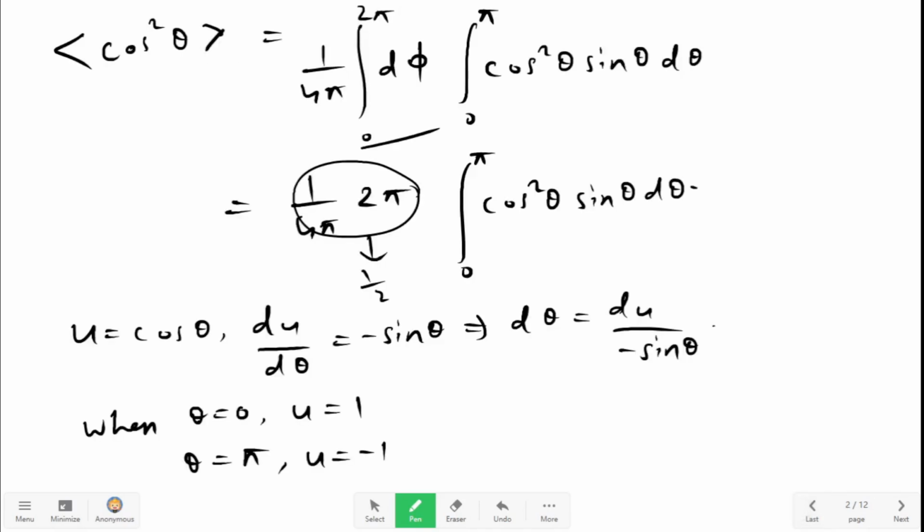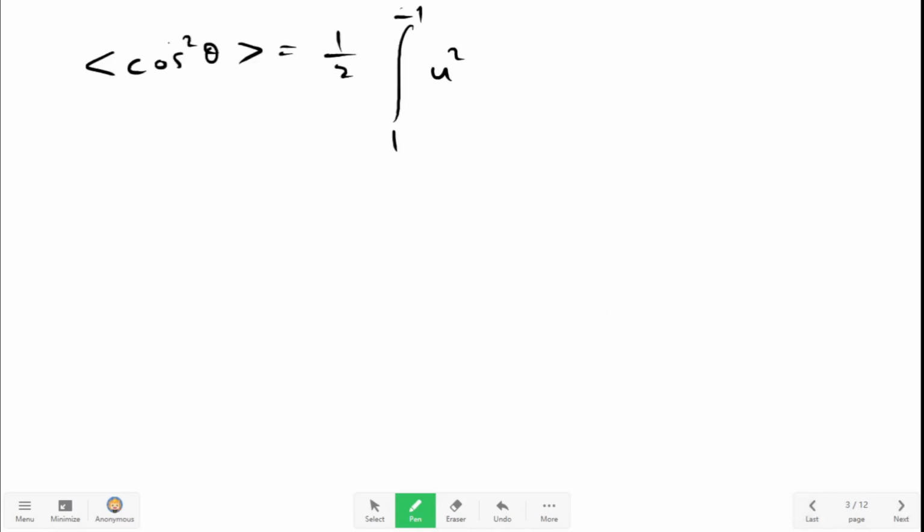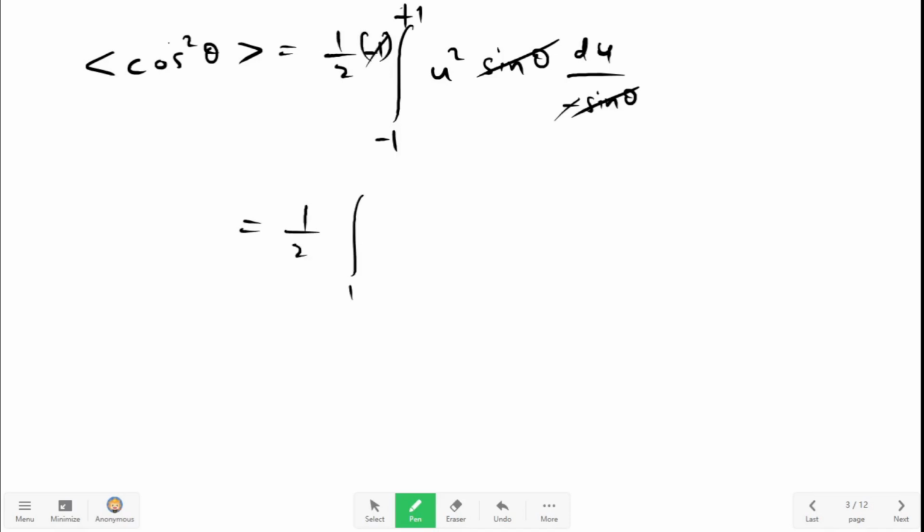Cos square theta is u square, then we have sin theta, and d theta is du upon minus sin theta. Now limits can be interchanged if we put a minus sign. Therefore the average of cos square theta becomes this minus and this minus gets cancelled. We have 1 by 2 times integral minus 1 to plus 1 u square du.